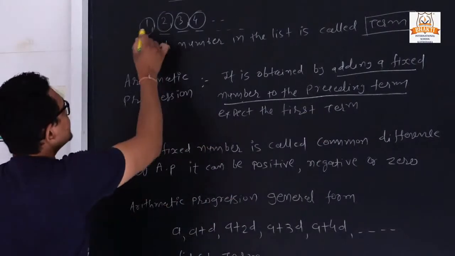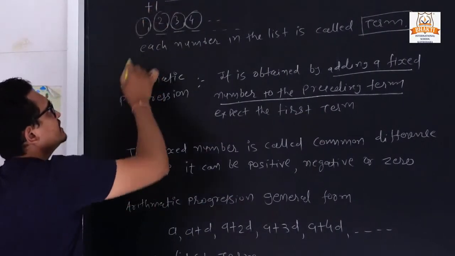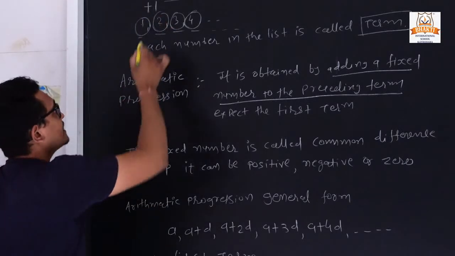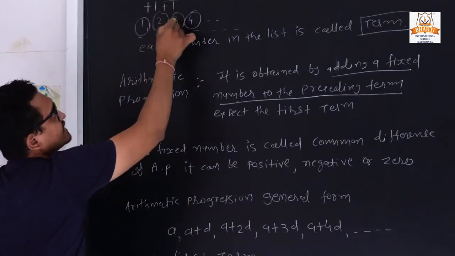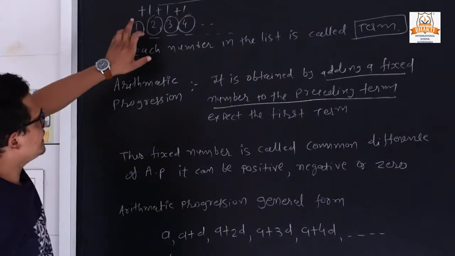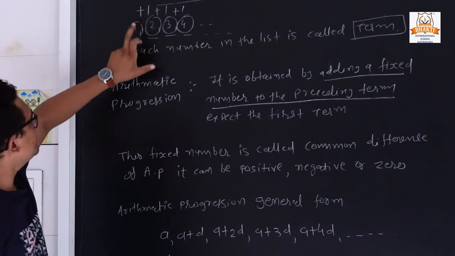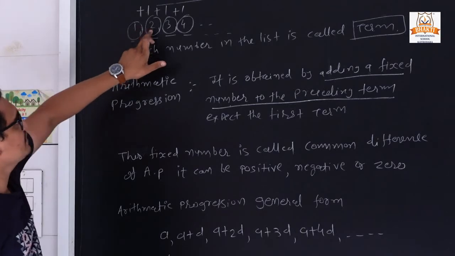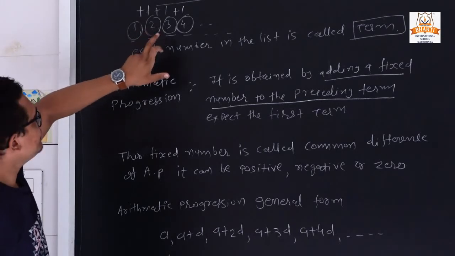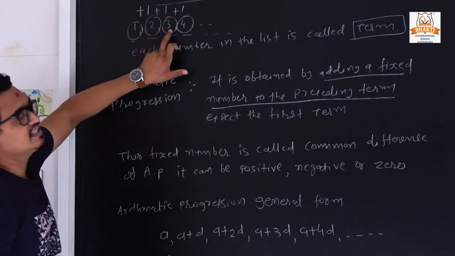So in the series here, 1 then 2, we add 1 plus 1 it is 2, then 2 plus 1 once again 3, once again plus 1, so it is 4. So here the 1 we add is our fixed number. If we add 1 to the first term, we get 2. Then if we add 1 to the second term, we get 3.